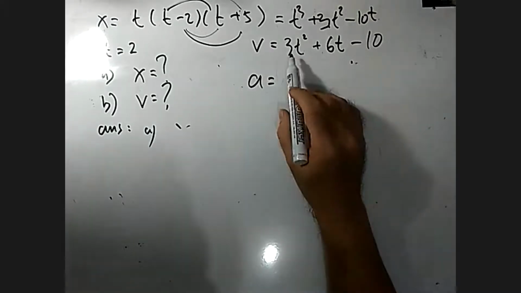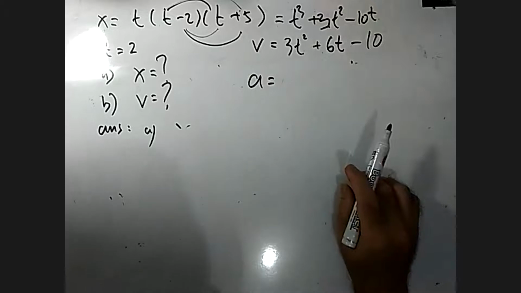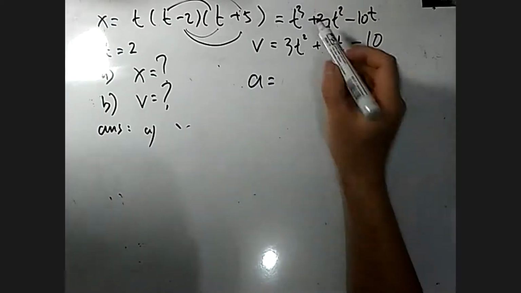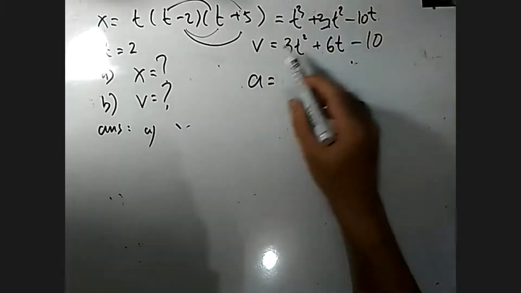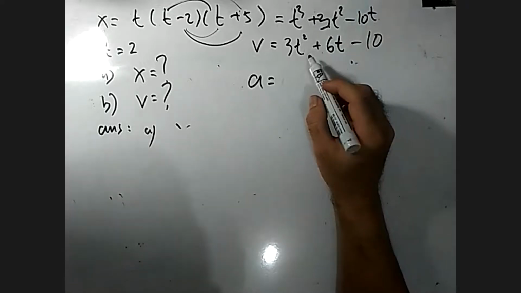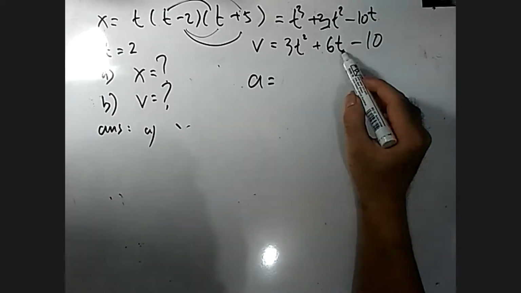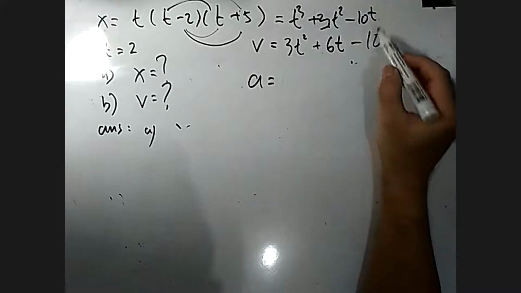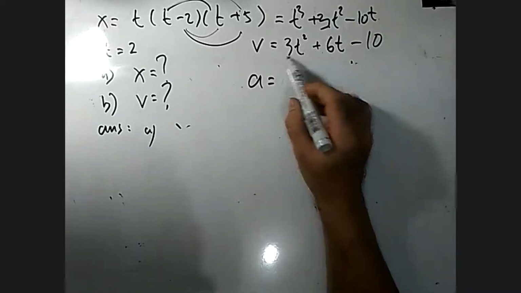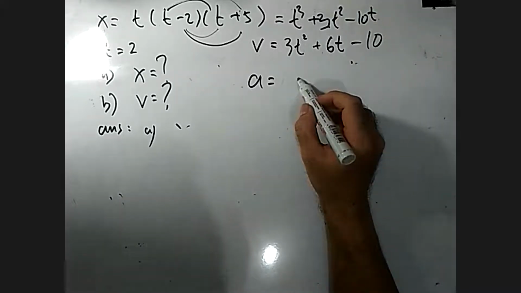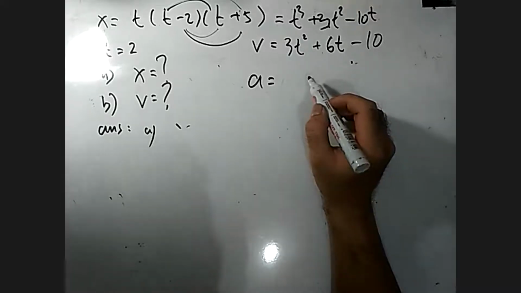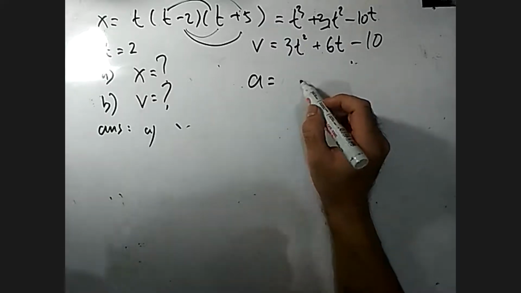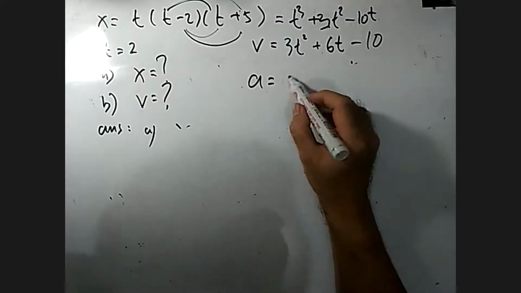What is the differentiation of 3t squared? Differentiation of t cubed becomes 3t squared. Differentiation of 3t squared becomes 6t. Differentiation of negative 10t becomes negative 10 only. So if you have 3t squared, what is the differentiation then? 6t.